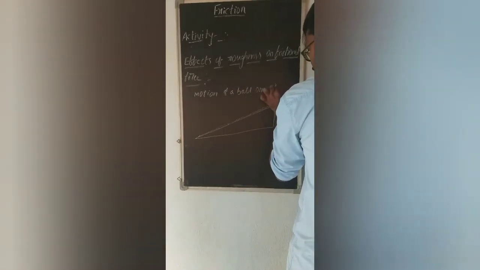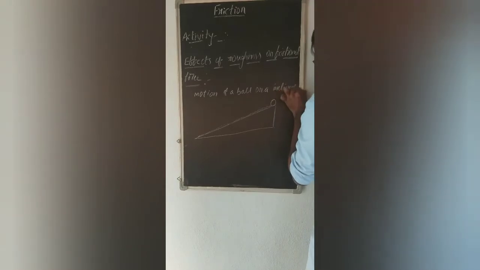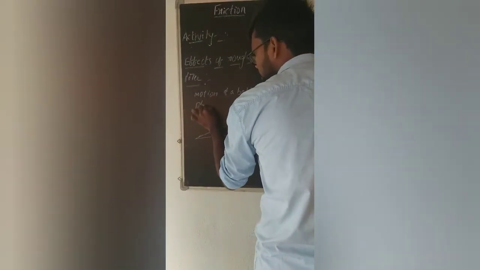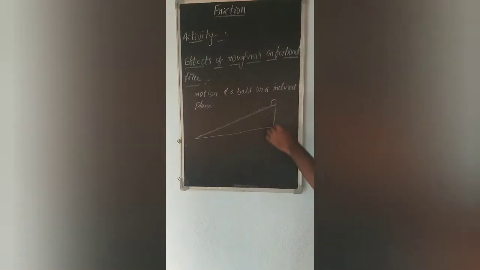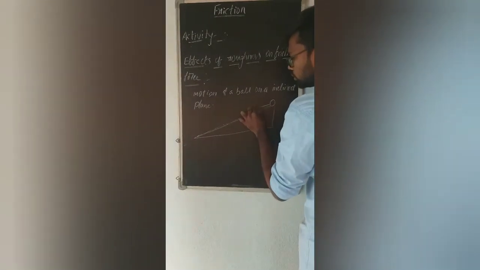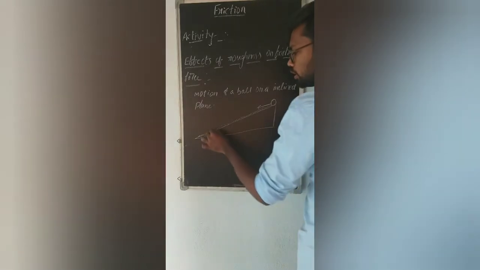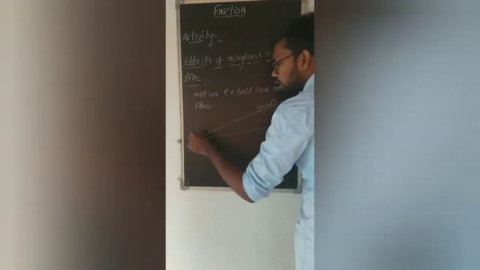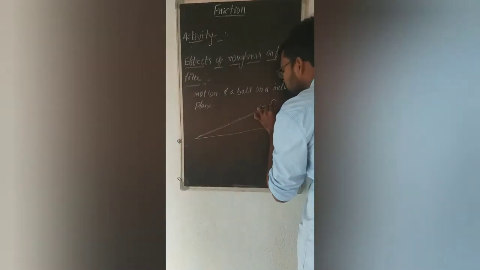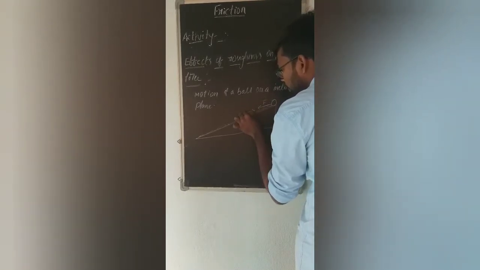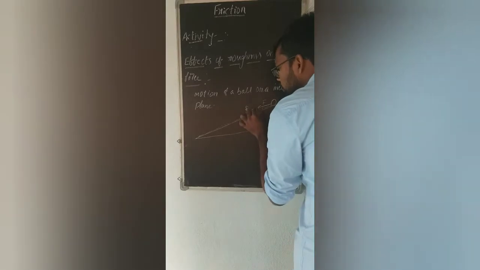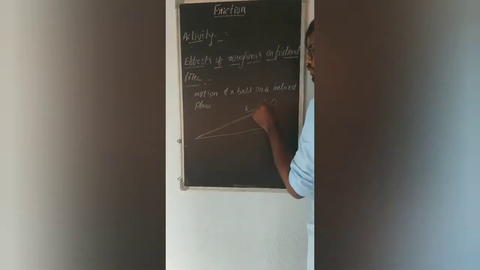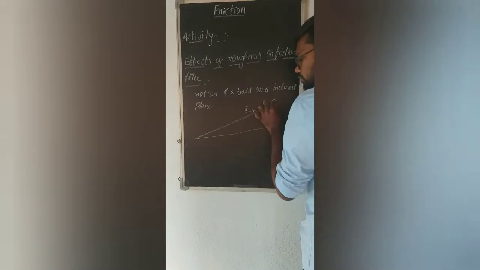The ball will try to move downwards, but due to the roughness on the inclined plane, it will not come down. Why? Frictional force acts in this direction. Due to this roughness, the object will not move from one position to another.